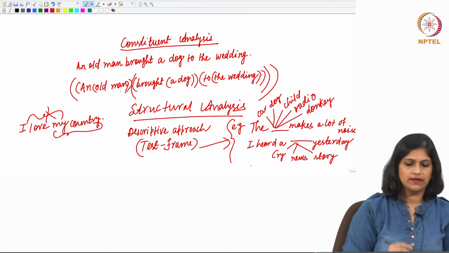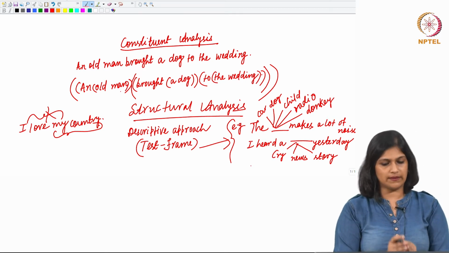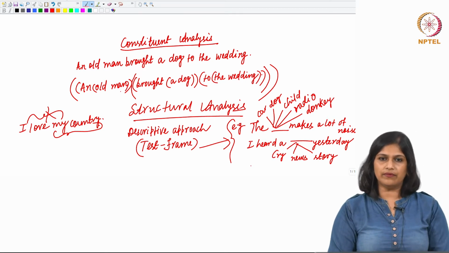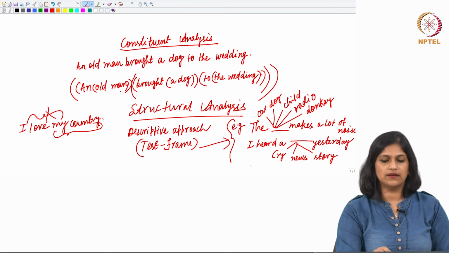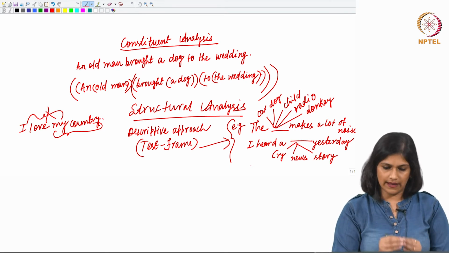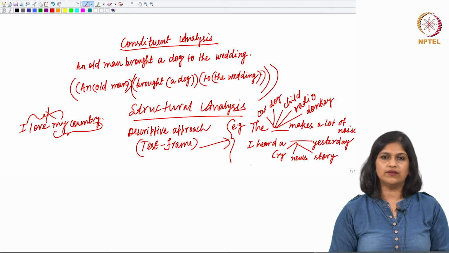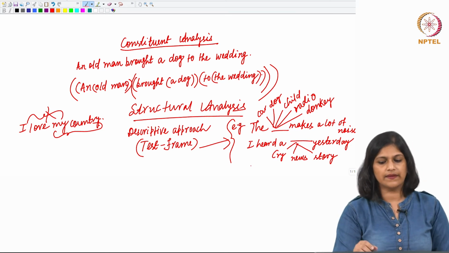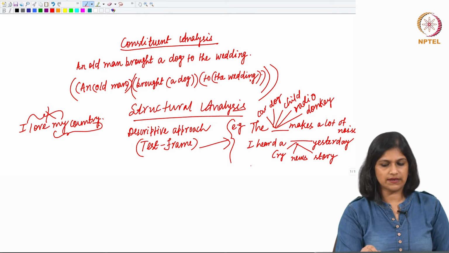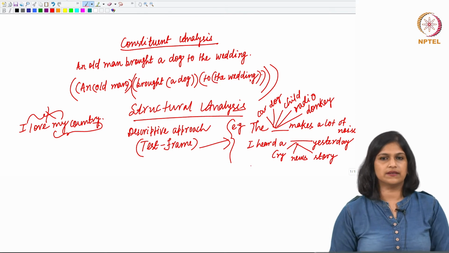So old and man together can be a constituent, an old man can be a constituent, a and dog together can be a constituent, brought a dog can be a constituent, the wedding can be a constituent, and to the wedding can also be a constituent.